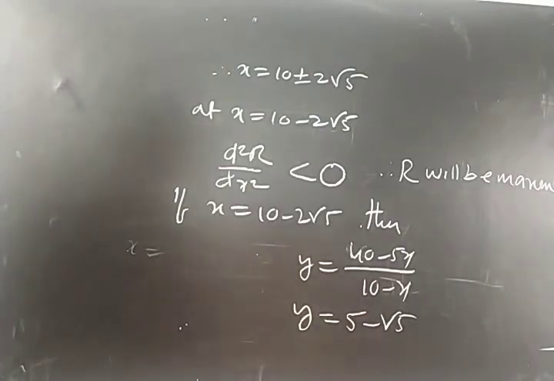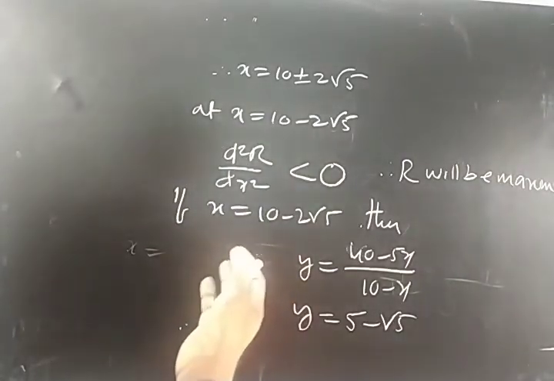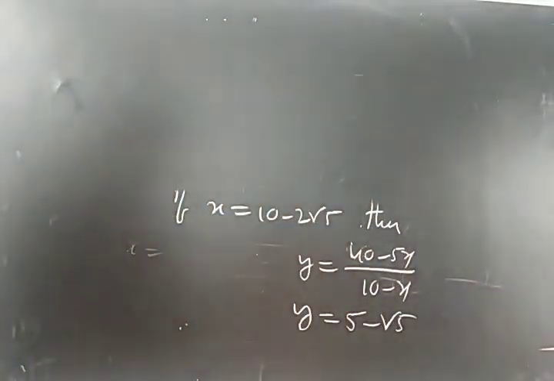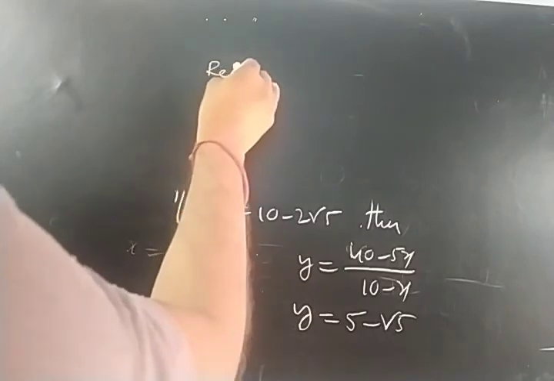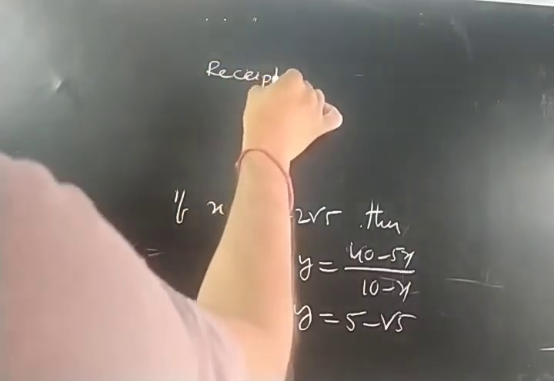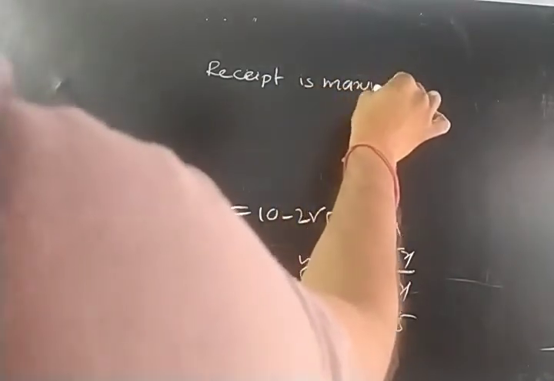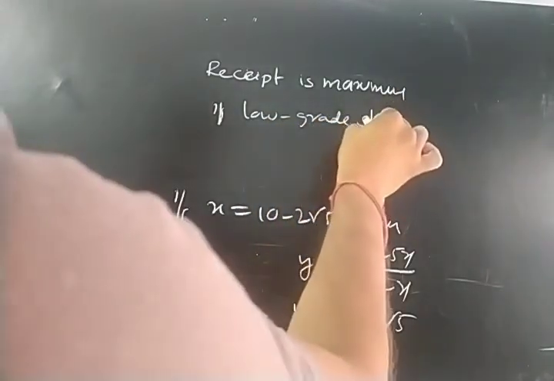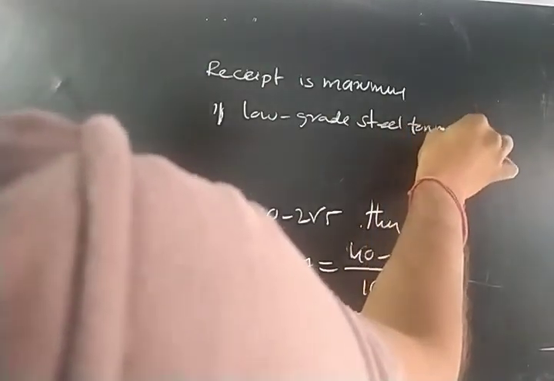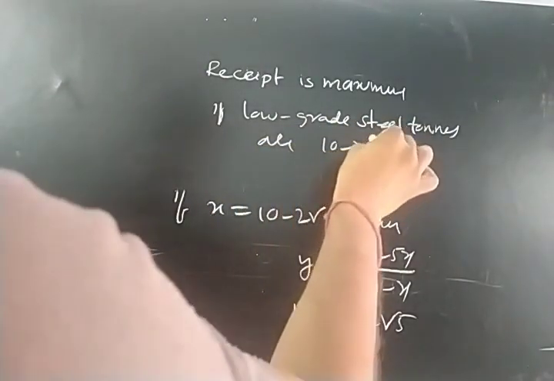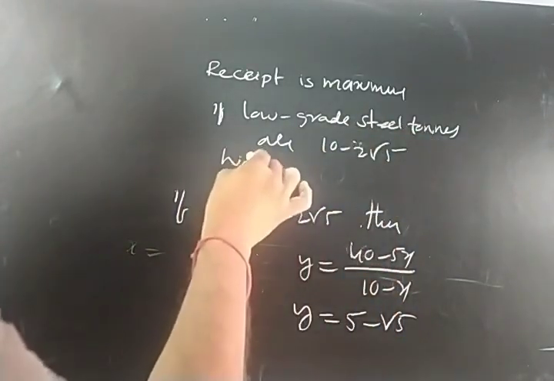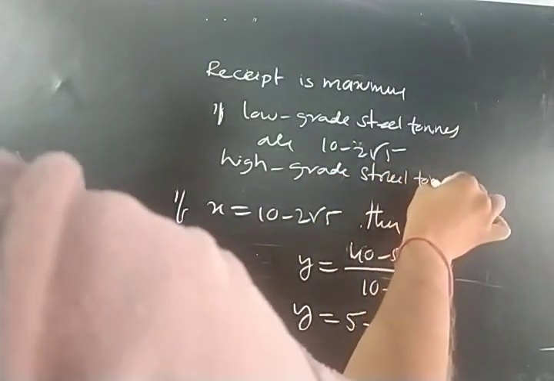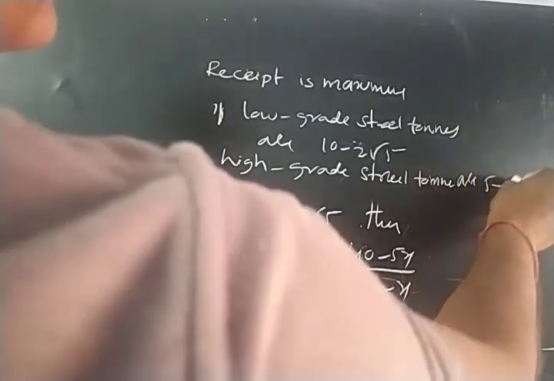So therefore, receipt is maximum if low grade steel tonnes are 10 minus 2 root 5 and high grade steel tonnes are 5 minus root 5.